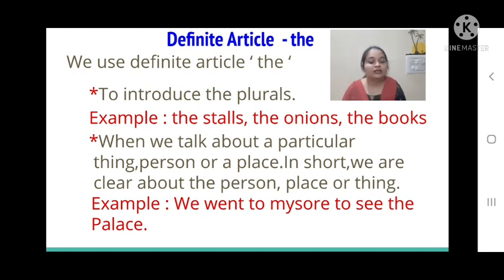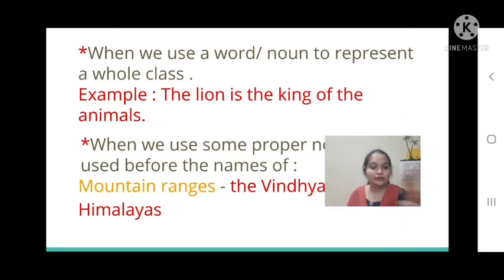So I'm not talking about any general or some random palace. I'm talking about the particular palace which I had visited in Mysore. So when I tell the palace or the palaces, it's particularly about the one or the ones which are in Mysore.